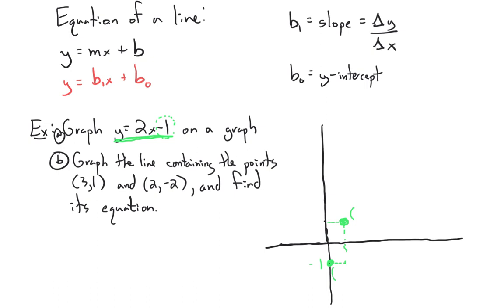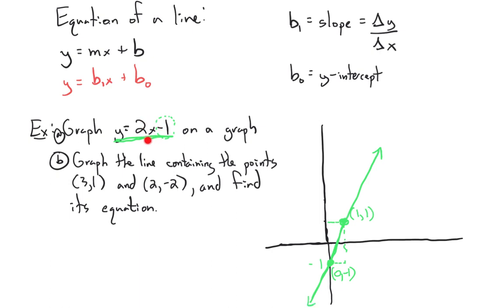So this is the point 0, negative 1. And this is the point 1, 1. And once I have 2 points, I can just join them up, and there's my line.